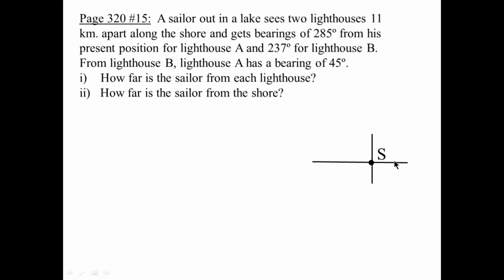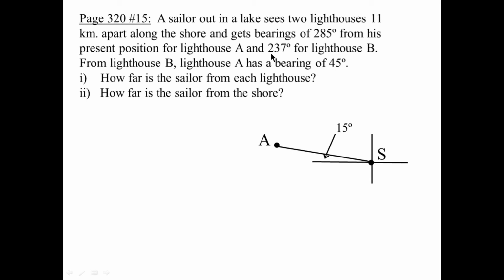So it will be 90, 180, 270, and 15 more makes 285. So along here somewhere is lighthouse A. And we know that this is 15 degrees. Okay, so we've handled the 285 degrees.